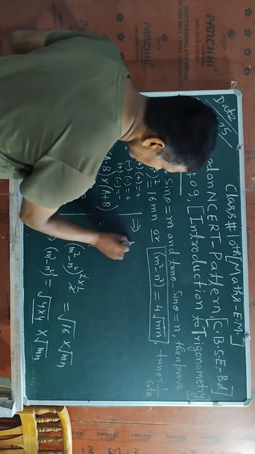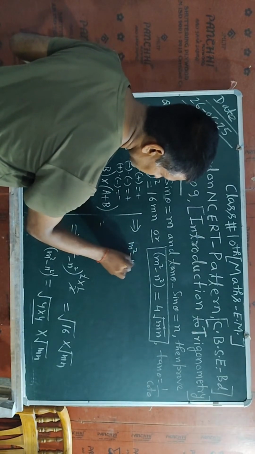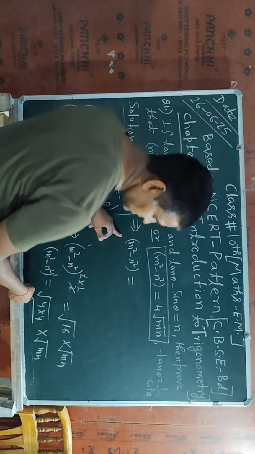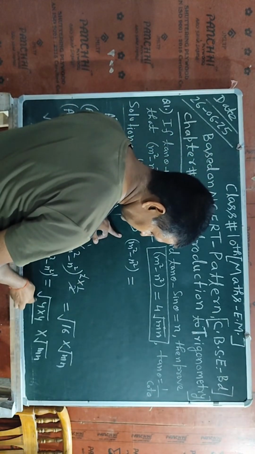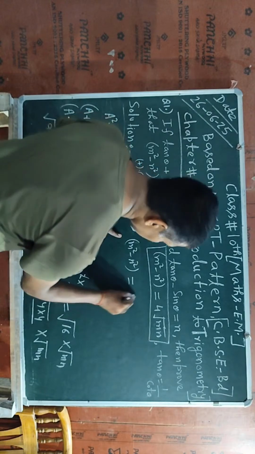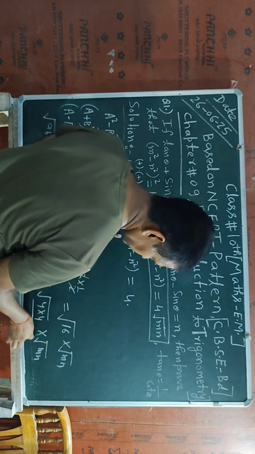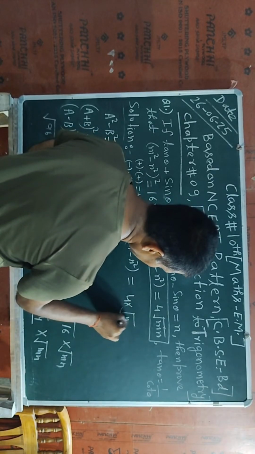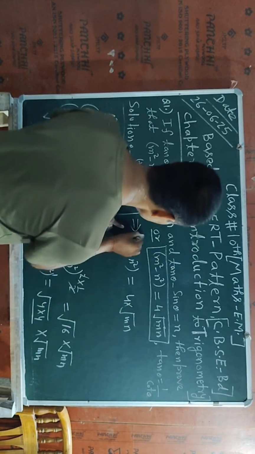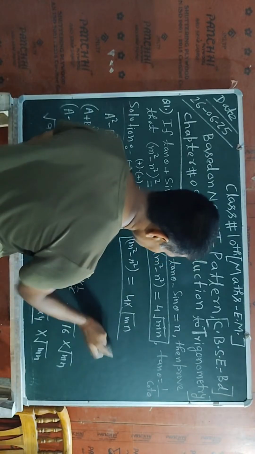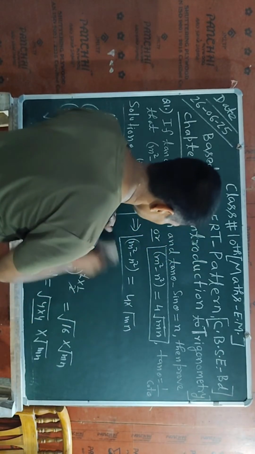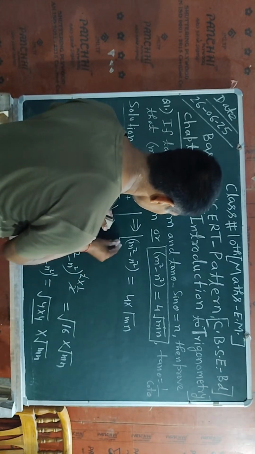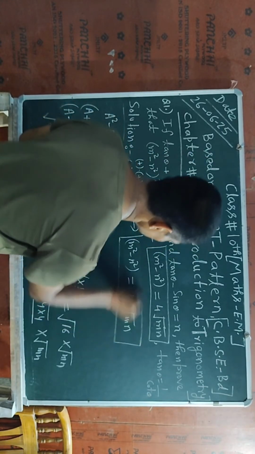So here I can write m² − n² equals, in the place of root 4 into 4 I can write 4, and in the place of root m I will write here. So this is the second solution. This is the second answer of the given question.